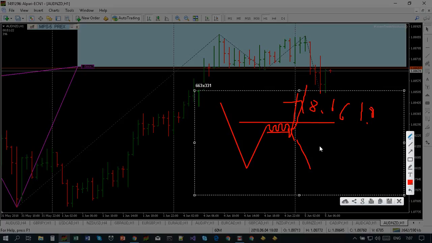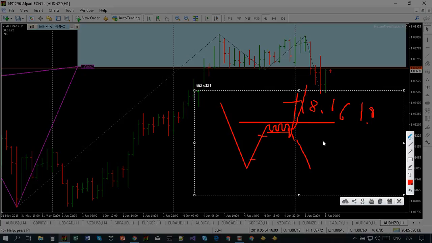For an institution, it is impossible to initiate a position of, let's say, 5,000 lots. How can you execute this position at market? If you buy the first 500 lots here, the price will already move here, so the second 500 lots will be executed at a much worse price.